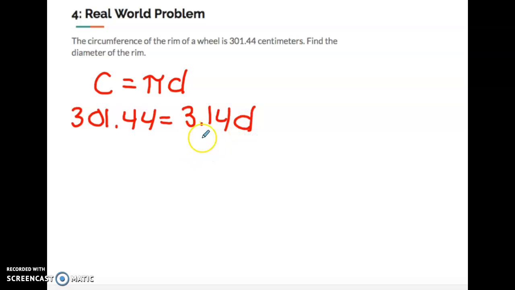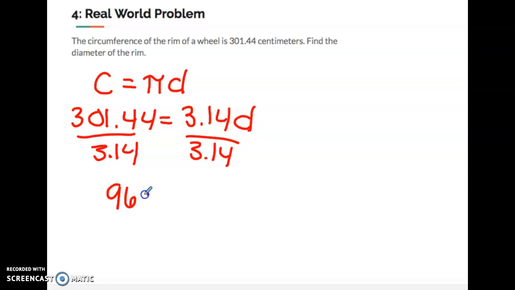So all we have to do is solve for diameter. Divide by 3.14 on both sides. So 301.44 divided by 3.14 is 96. So the diameter is 96 centimeters.